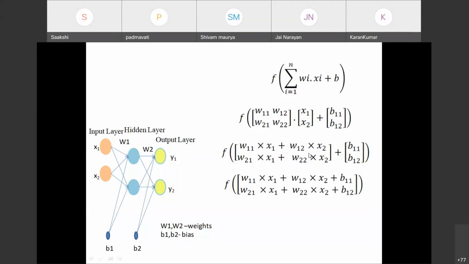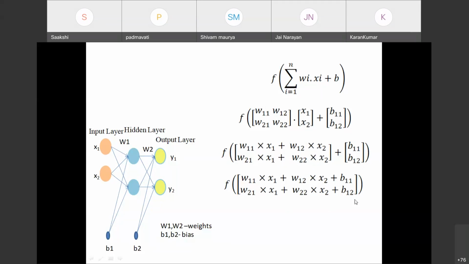Again, there is a linear function we need to apply. So it comes out to be W11 into X1 plus W12 into X2 plus the bias term B11. Similarly, W21 into X1 plus W22 into X2 plus B12.